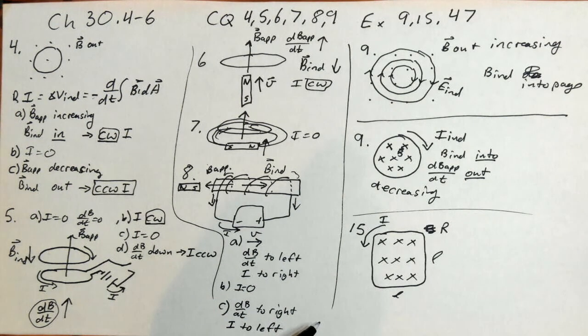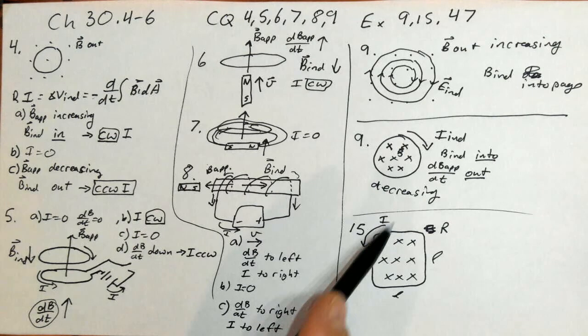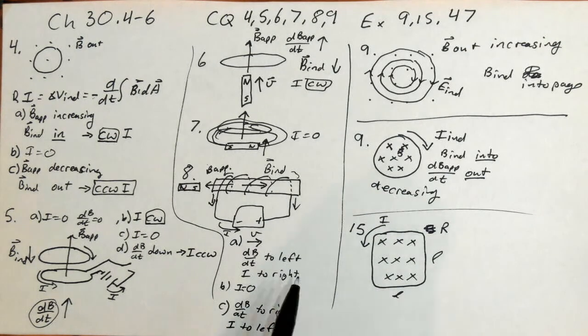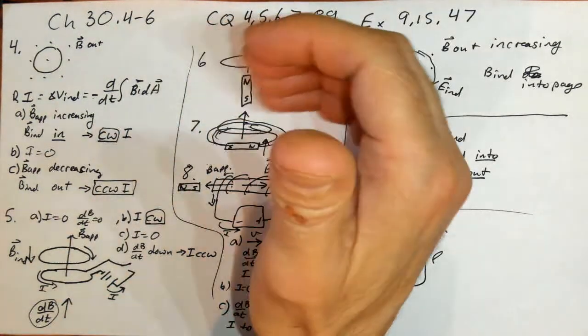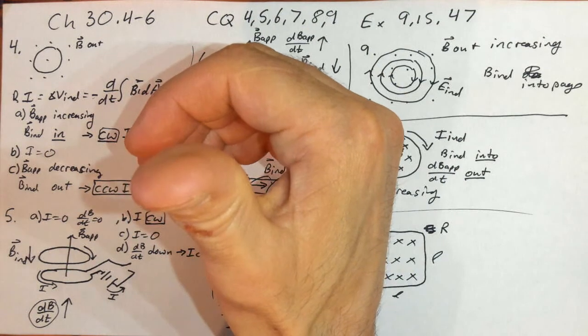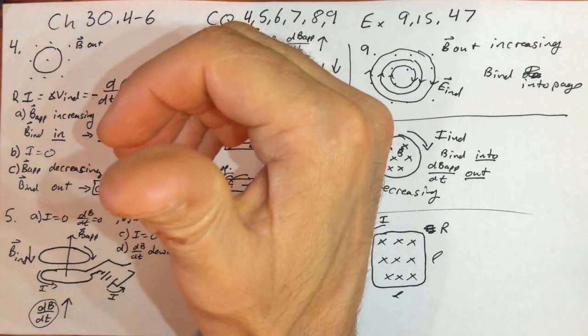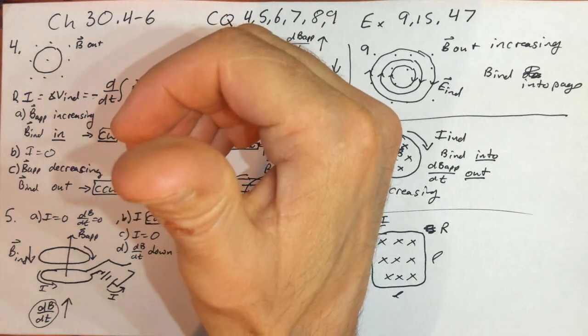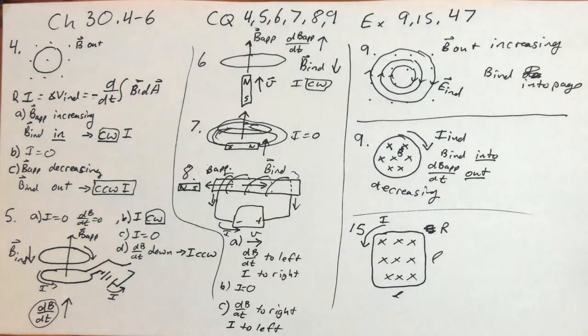Go and try that. Okay, since the current is flowing counterclockwise, that creates an induced B field up. And since B induced is up and the B applied is down, B applied must be getting bigger. So B applied is increasing.